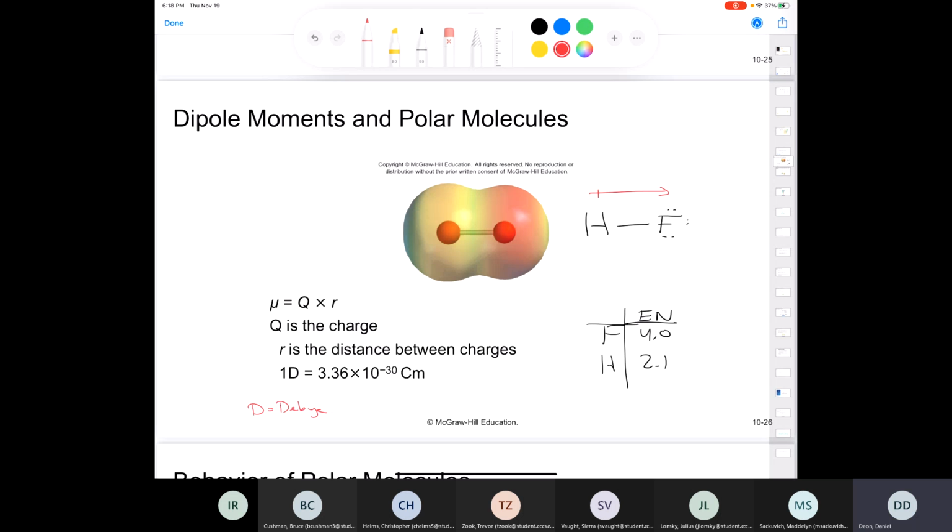That's the name of the unit, which is equal to 3.36 times 10 to the negative 30 coulombs times meters. Again, I'm not going to ask you to calculate this, so let's just write: will not ask to calculate. However, there's one thing I want you to understand.